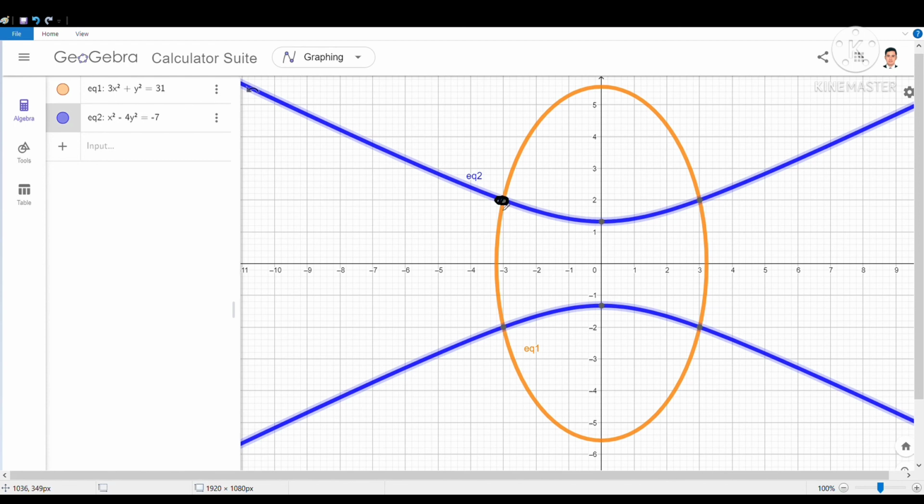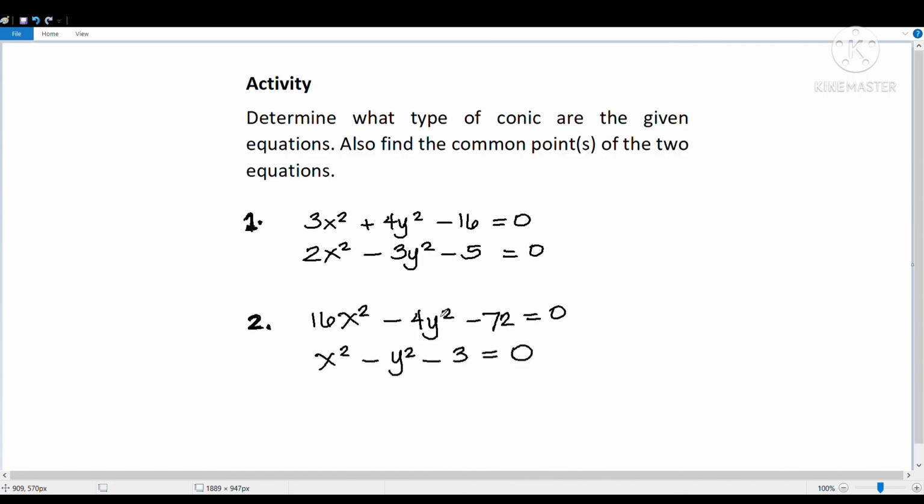This is the first intersection, which is negative 3 and 2, followed by 3 and positive 2, and then we have negative 3 and negative 2, and the last one is positive 3 and negative 2. These 4 intersections are what is known as the solution of the system of nonlinear equations.